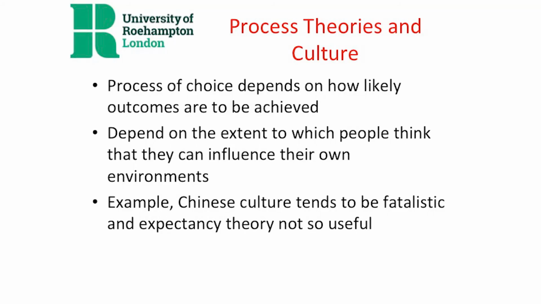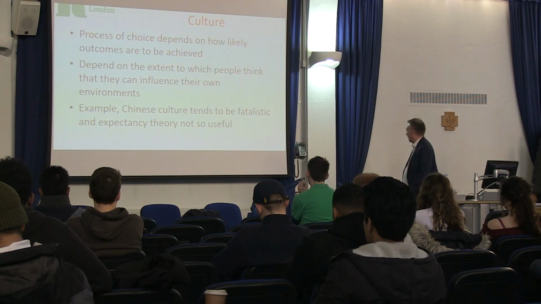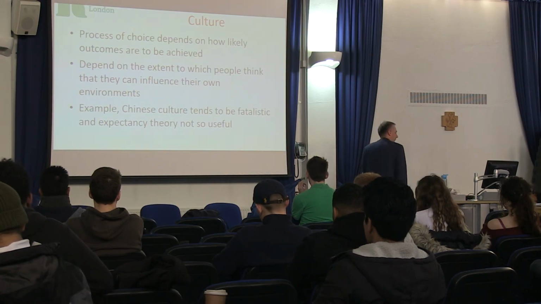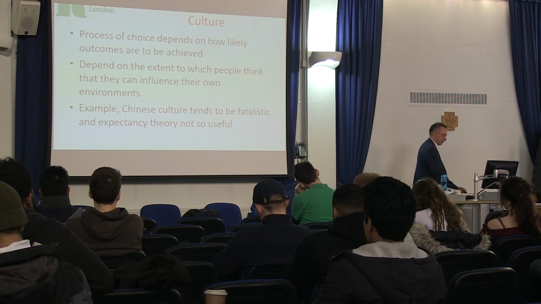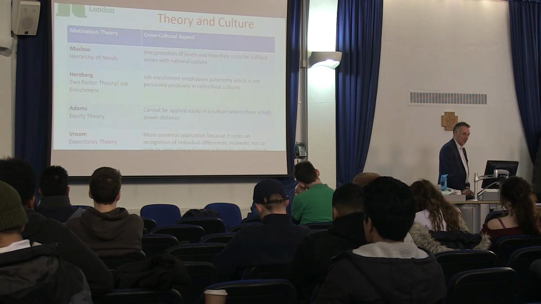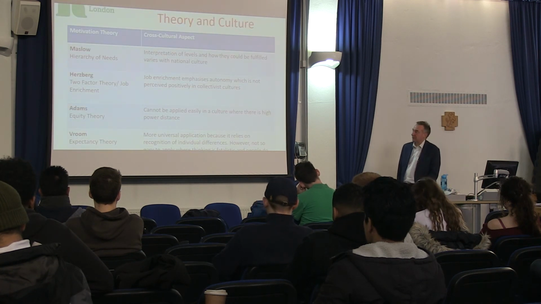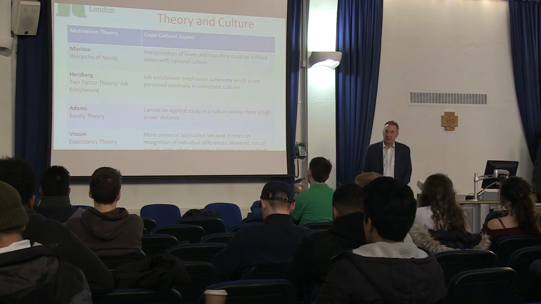The extent to which they don't work in the context outside of which they were invented, of course, as it says here, if you're fatalistic, if you feel that, there's a summary of that, by the way, on that slide.